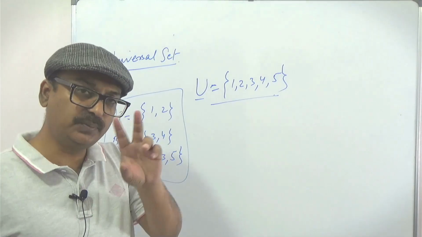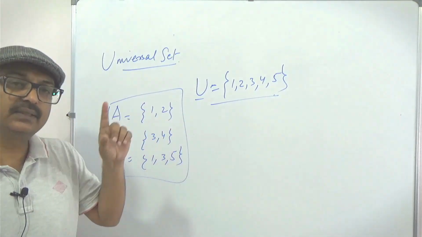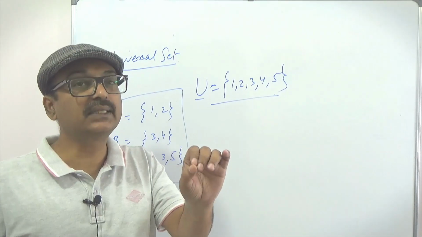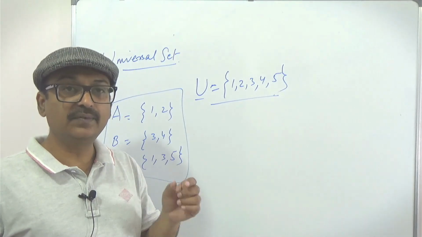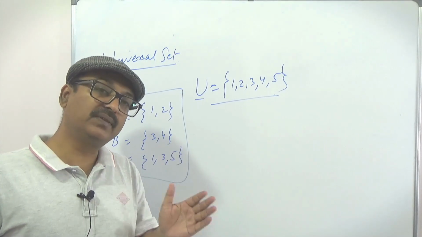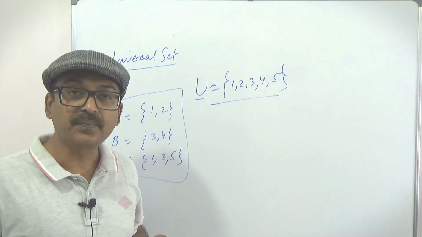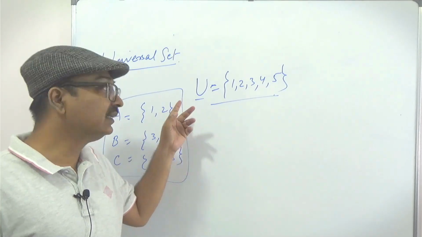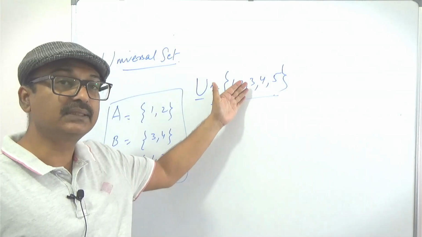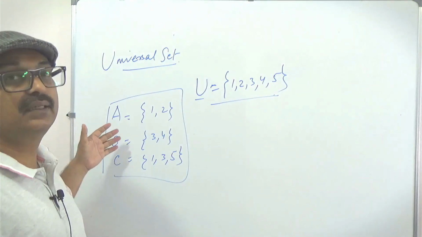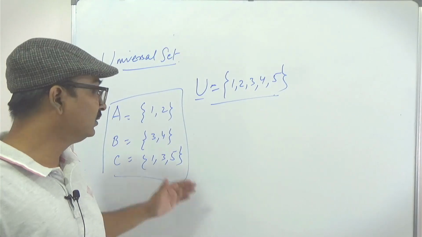So there's a difference between power set and universal set. In the power set of a certain set A, the elements are the subsets of that set A. But the universal set does not contain the subsets. It contains all the elements that the subsets contain.